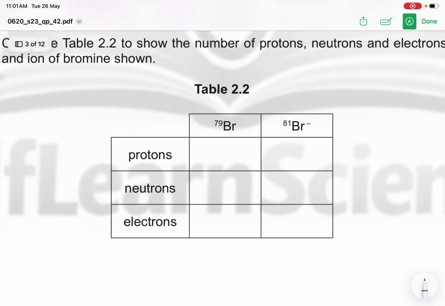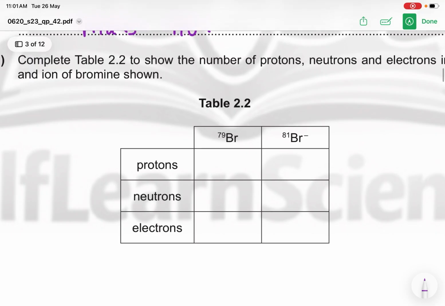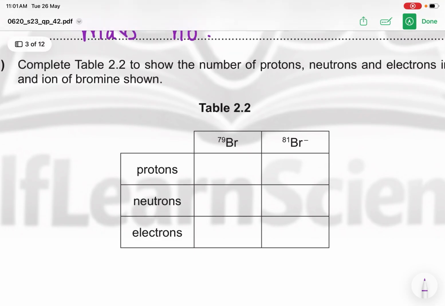So first is bromine 79, which is atom. We have to find atomic number of bromine using periodic table, and it is 35. So how should we find neutrons? So neutrons will be 79 minus 35, which will give us 44, and electrons will be same as protons, so it will be 35.